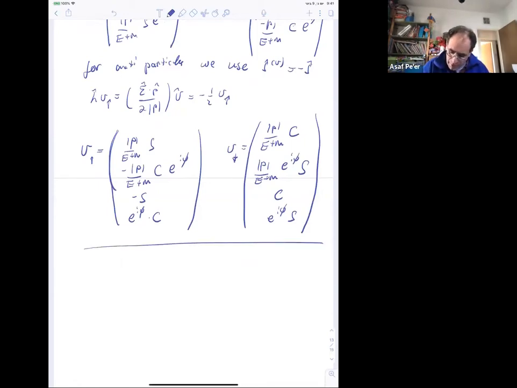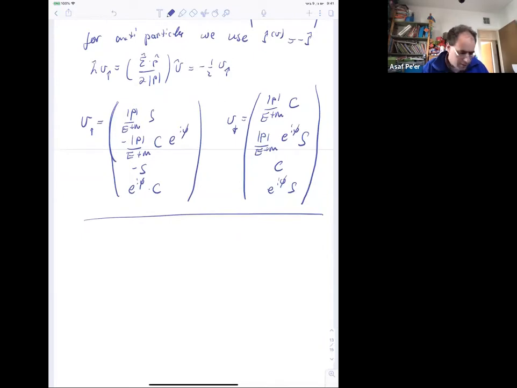The last topic that I really want to discuss with you related to the Dirac equation is the thing which I mentioned earlier, which is called chirality. So I said the motivation is the following. Helicity is a conserved quantity, right? But for massive particles, it is not Lorentz invariant.